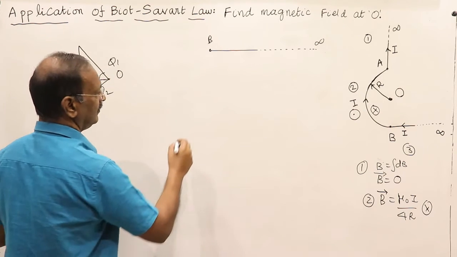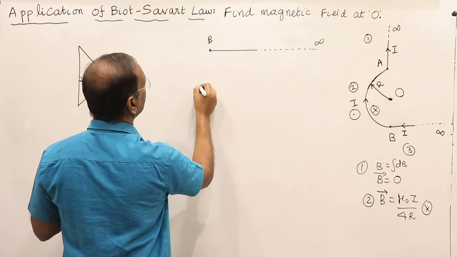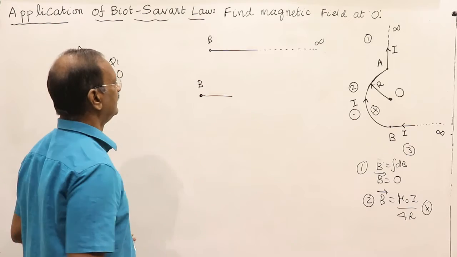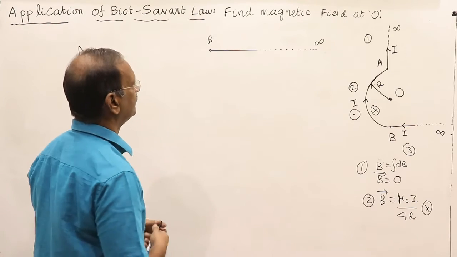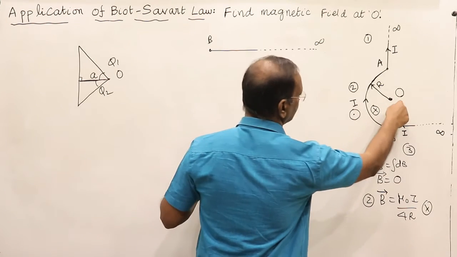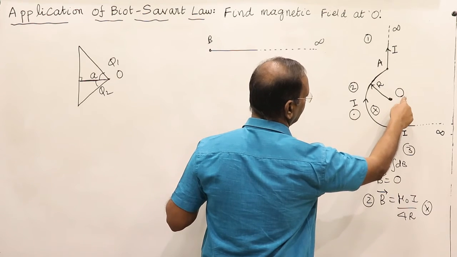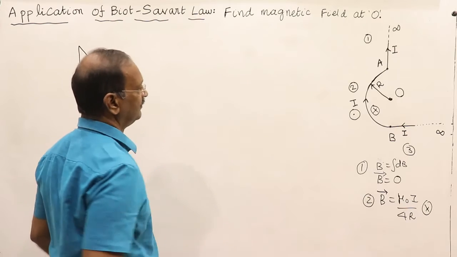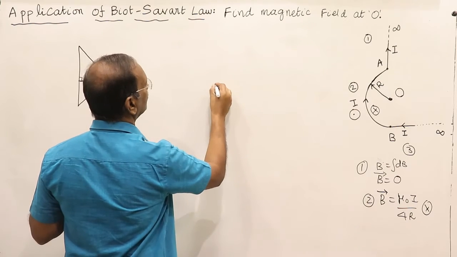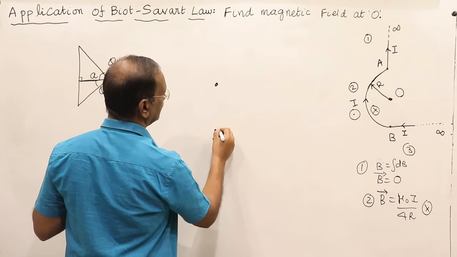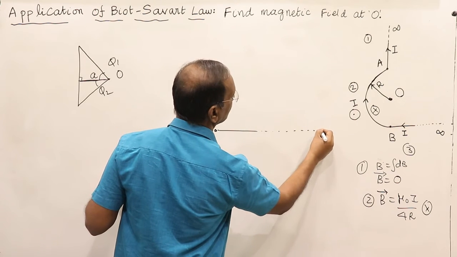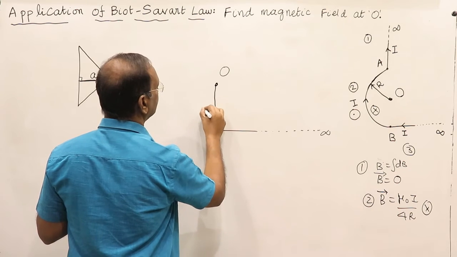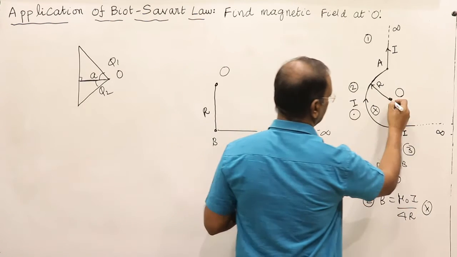Same way we proceed. One end is here, that is B, and another end goes up to infinity. What is the perpendicular distance? We are interested in finding it from O. This is O, and this is the perpendicular distance, which is nothing but the radius.